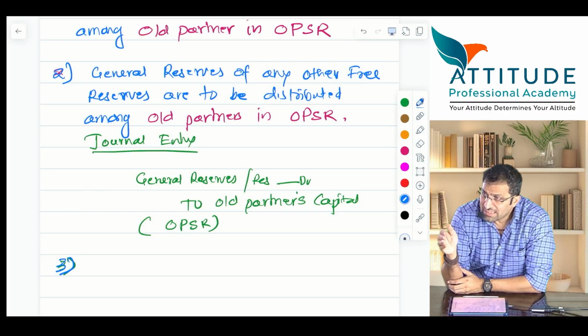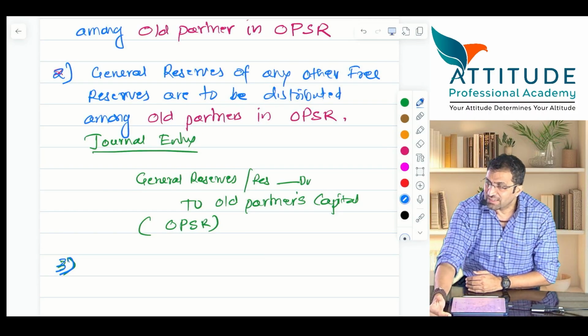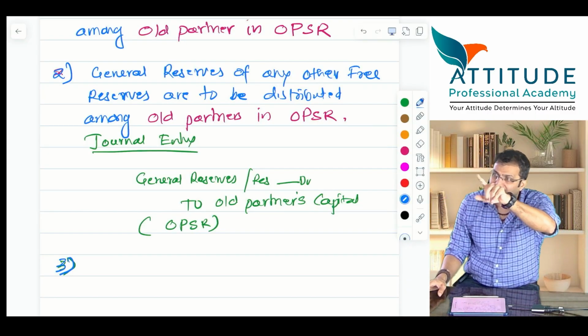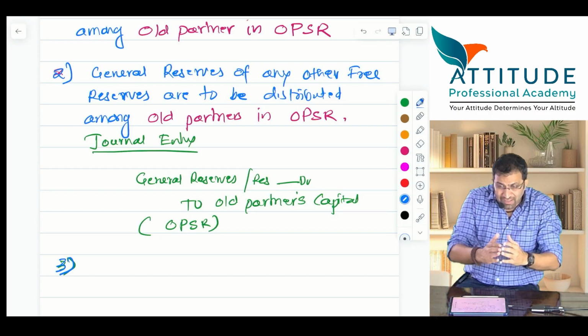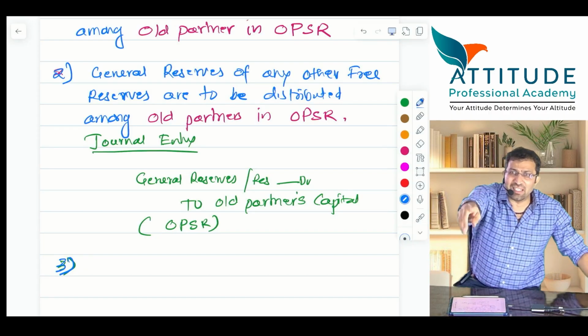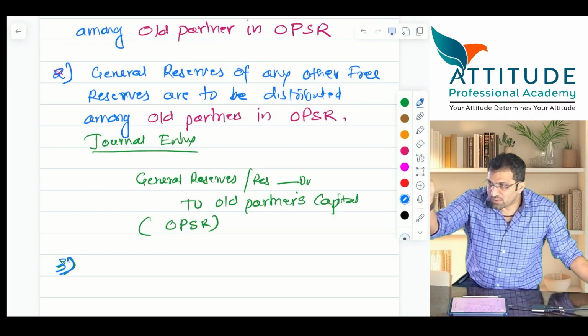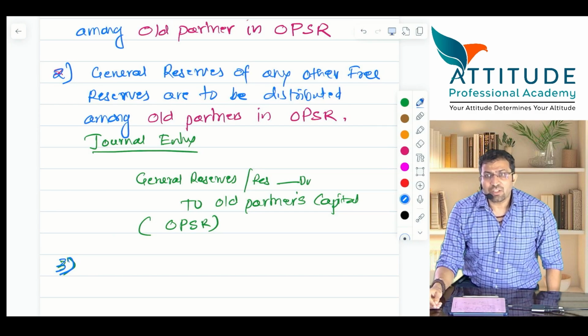Logic is, when the partner gets admitted, as on that date, he also becomes the part owner of that organization. He also has the say over the assets of the company. But up till that date, whatever revaluation has happened, genuinely does it belong to the new partner or only the old partners? That is why revaluation is done before admission. Understood the logic?